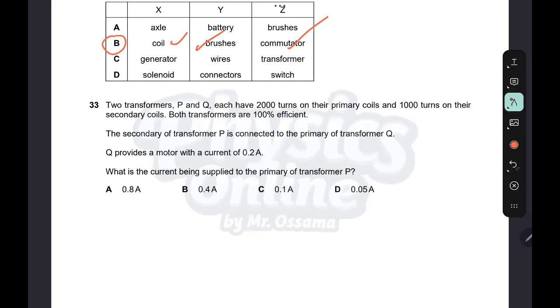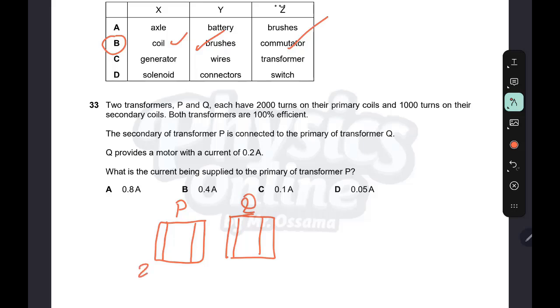Two transformers, P and Q, each have 2000 turns in their primary coil and 1000 turns in their secondary coil. So we have two transformers, P and another one, Q. Each has 2000 in its primary and 1000 in its secondary.